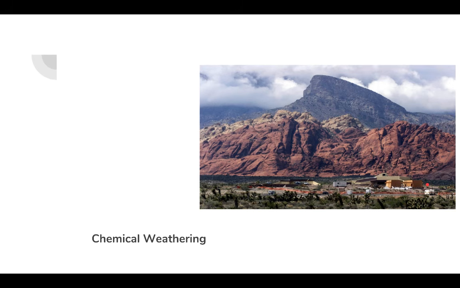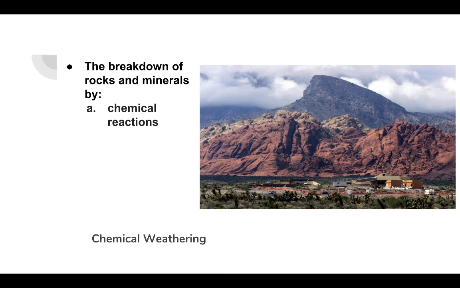Moving on to chemical weathering. Whatever the rock initially started out as is being changed chemically. It's breaking down, and the minerals are changing. There can be chemical reactions or dissolving of chemicals from the rocks. This picture might look familiar to you. If you're in Vegas, you have the Red Rock Visitor Center. That red rock we see is a perfect example of chemical weathering.